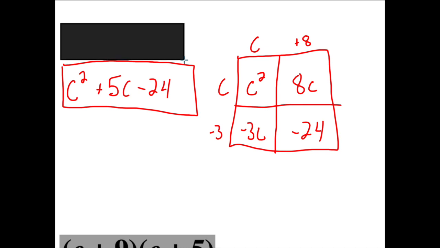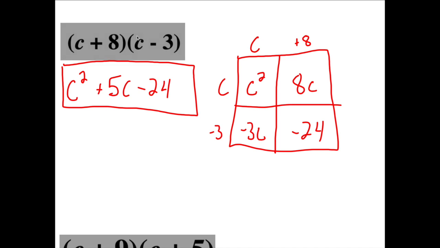I know the thing that's boxed in red, and I want to get to this. Well, if we think about the fact that 8 and negative 3 multiply to negative 24 and add to 5, that's going to be really helpful for rewriting it in intercept or factored form like this. And that is what we actually call a special process, and we'll learn about that eventually.